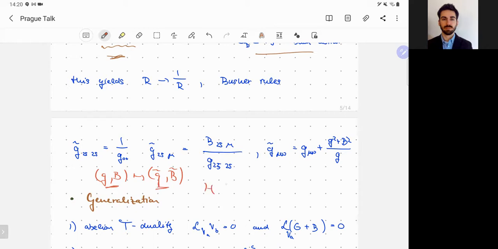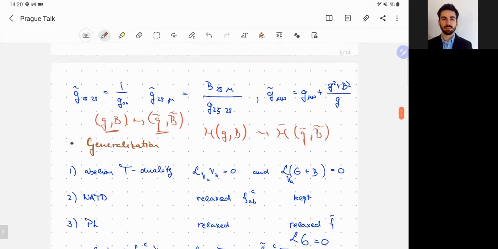The generalized metric is a function of G and B, and if you perform this duality, it will yield a new generalized metric, which is connected to this one by conjugation with some group elements, but I'll talk about it more later.